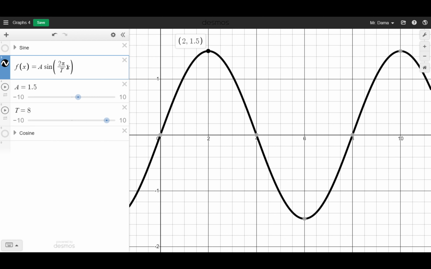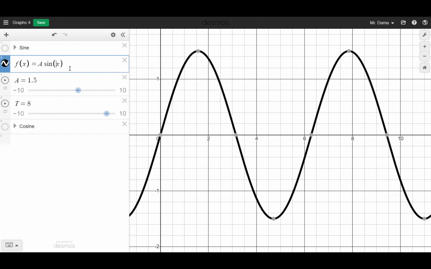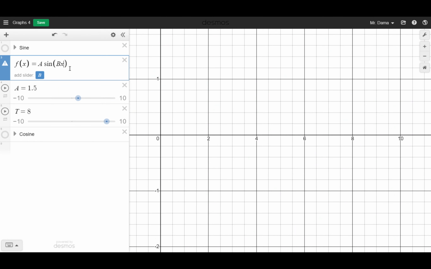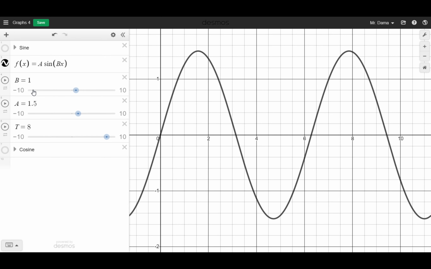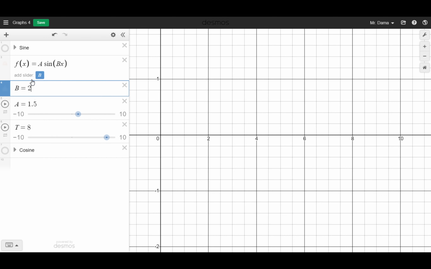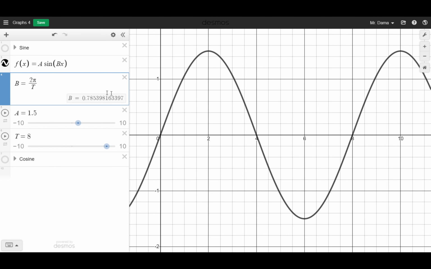Okay? Some people might like to write it like this, call it b, and then add a slider for b, and this is a fixed value of 2 pi divided by whatever t is. And that works too, because it will still give you the same kind of thing.